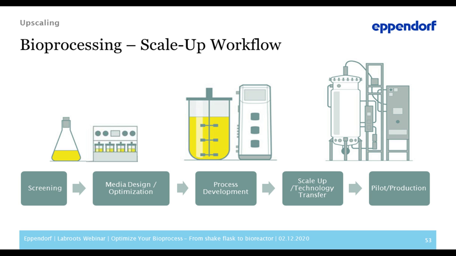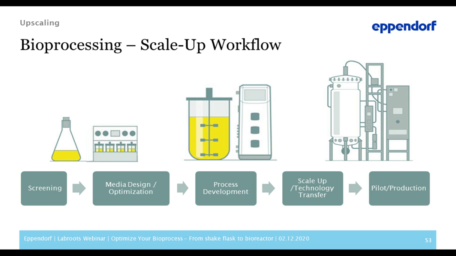So next up starts process development and technology transfer. Technology transfer to pilot or production scale systems. Bench scale systems provide a great tool for this. The working volume, and then comes the pilot and production in a very large bioreactor.